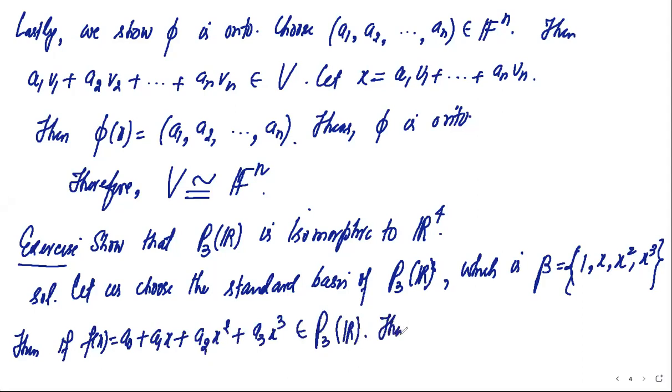Then we can write this f of x as a0 times 1, ये वाला vector. पहला यहाँ पे कोएफिशिएंट a0, then this vector 1, then plus a2 times x, ये वाला vector, then plus a3 times x square plus a4 times, नंबरिंग गलत हो गई यहाँ पे.